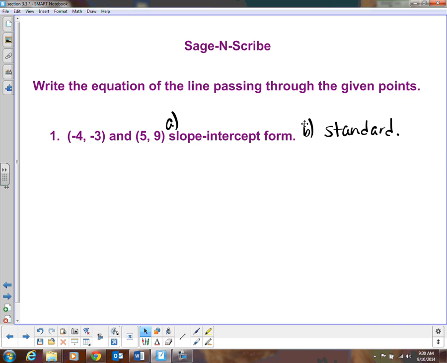And you're going to keep your slope and keep it here. Substitute that in. Yes. You've got to start with 3, right?